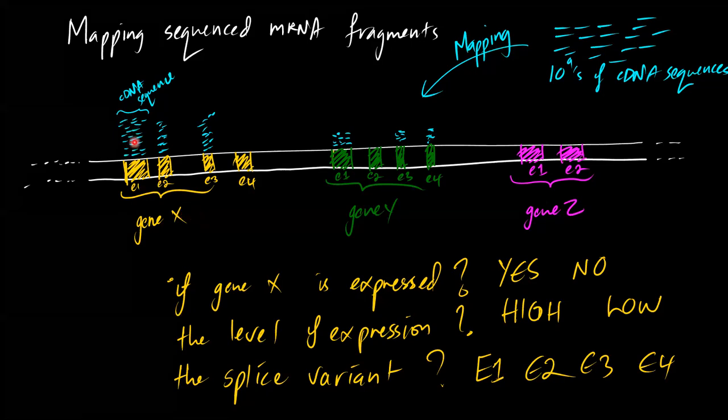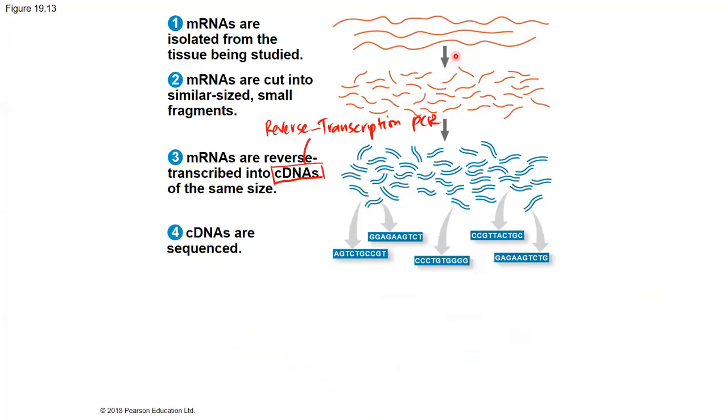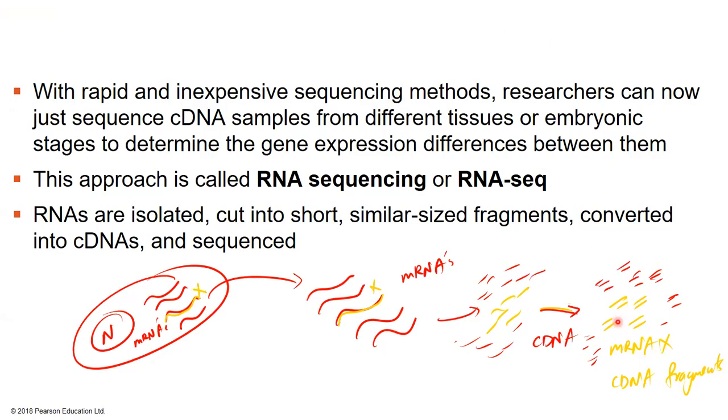Because these sequences were obtained from cDNA molecules, and these cDNA fragments were obtained from fragments of the mRNA X, and these fragments of mRNA X were obtained after isolation of mRNA X, and this mRNA X was isolated from the cell, which means there is an mRNA X corresponding to gene X in the cytoplasm, which means that gene X is expressed.